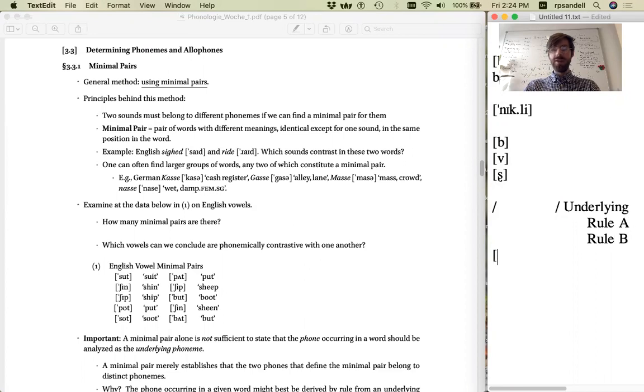Let's call them rule A and rule B, and then gradually, ultimately arriving to some surface representation.